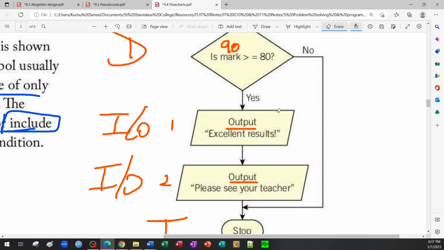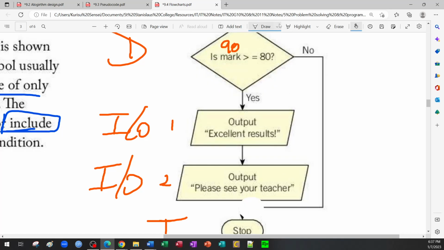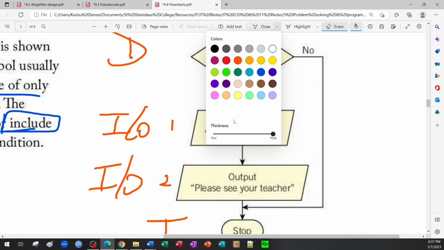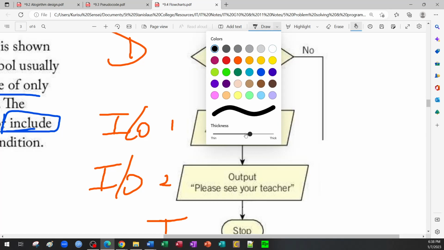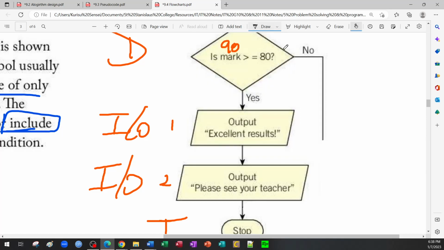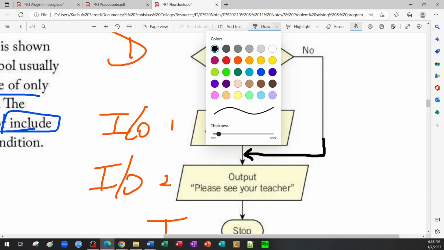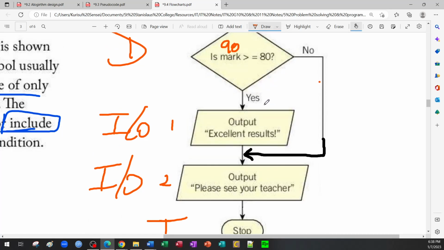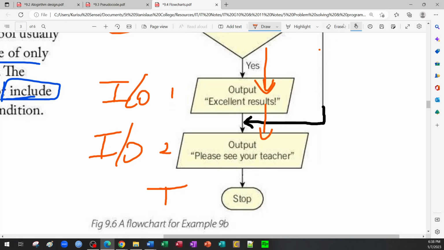For example, if this line here was to go from there to here, then it would have mattered that we separated the two, because based on the flow, if it is yes, we output excellent results, and then we come down to please see your teacher.